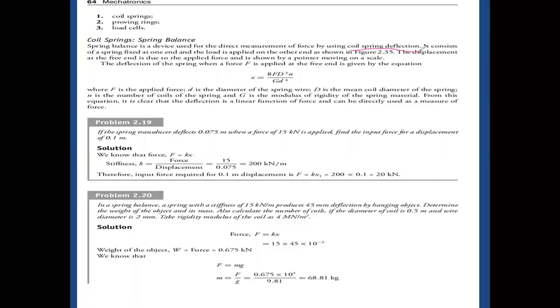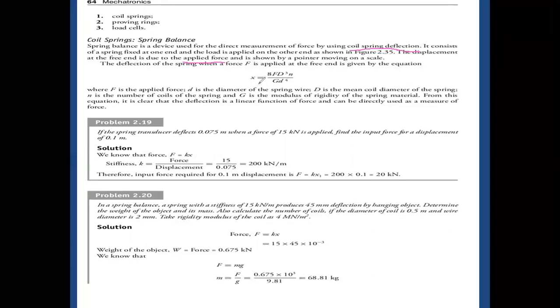Based on the spring deflection, we calculate the forces. It consists of a spring fixed at one end, with the force applied on the other end. The displacement of the free end is due to the applied force, shown with a pointer moving on the scale. The deflection of the spring under the force applied at the free end is given by the equation.